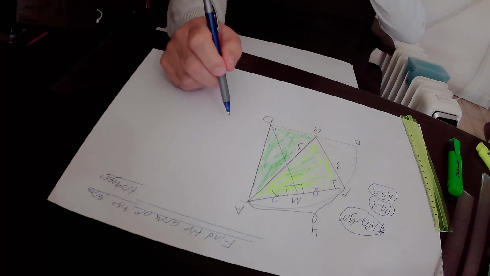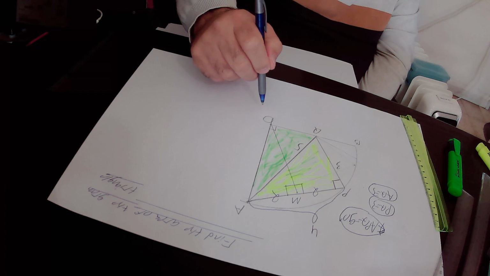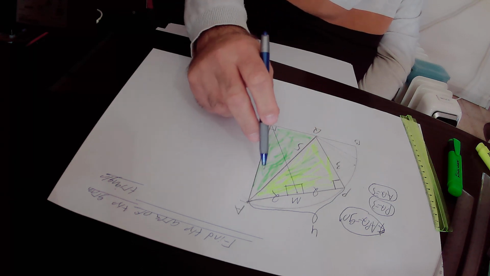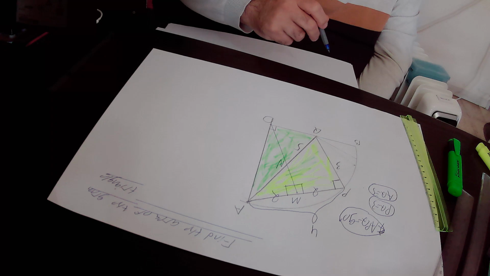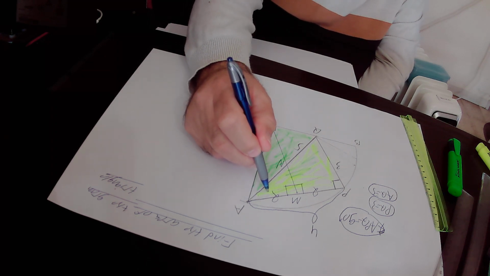Okay? We define the intersection point between the perpendicular OM and line segment AQ as N. We define angle PAQ as theta.